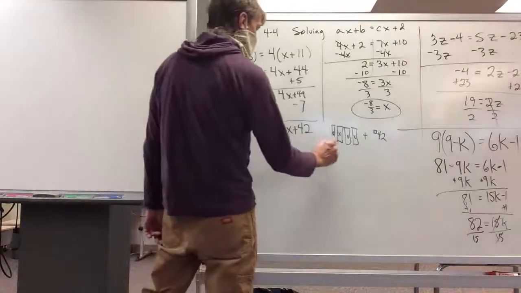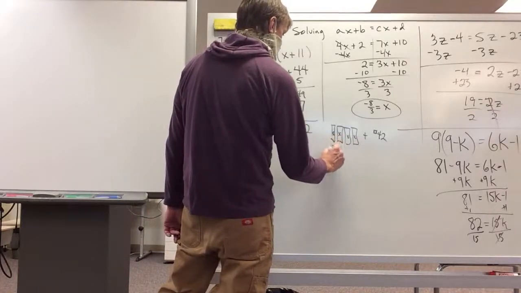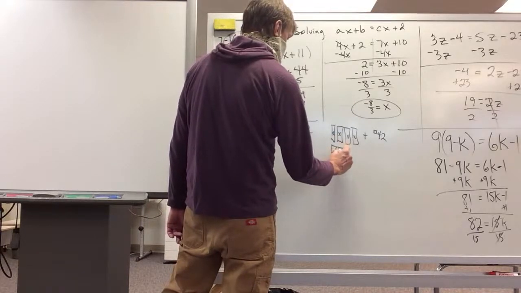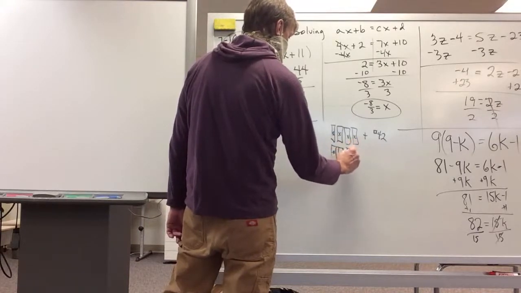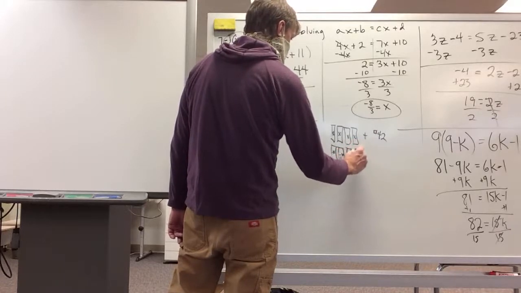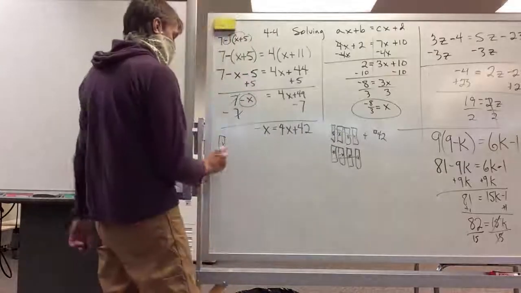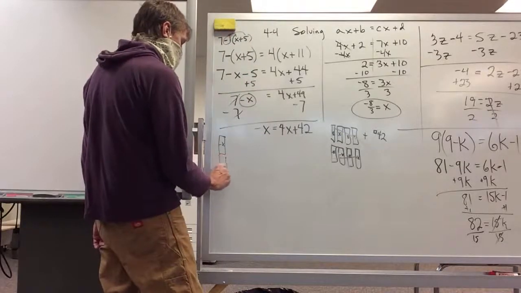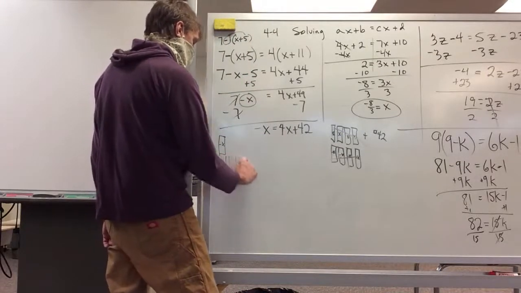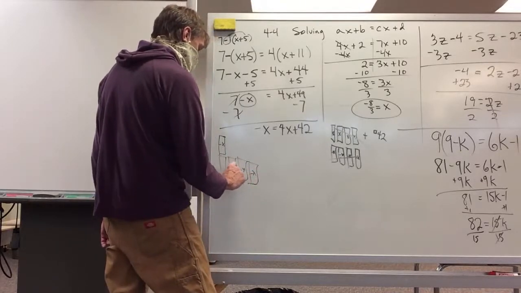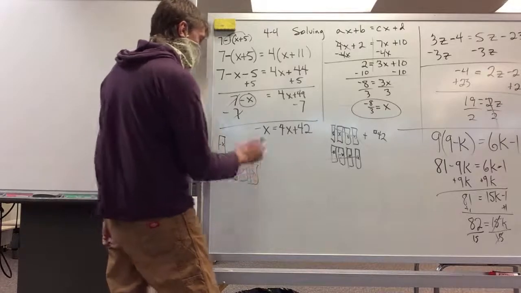So if we add 4 negative x's, those will cancel each other. So over here we have to add 4 negative x's. Yeah, now you get negative 5x.